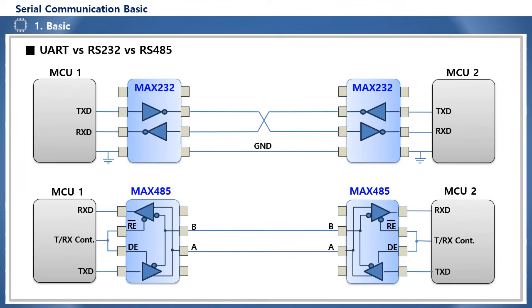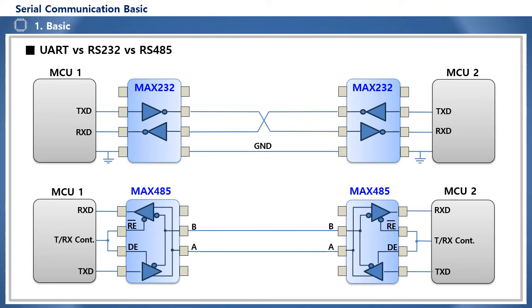It shows the communication line connection structure of RS-232 and RS-485. RS-232 should be structured so that the transmitting side TX of MCU1 is connected to the RX of MCU2 via MAX232, just like the UART wiring structure.